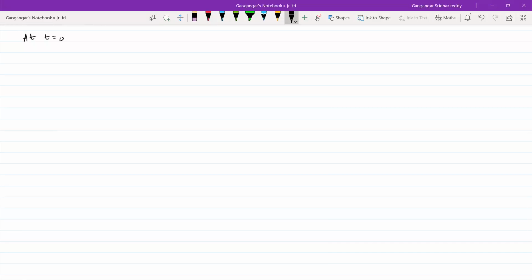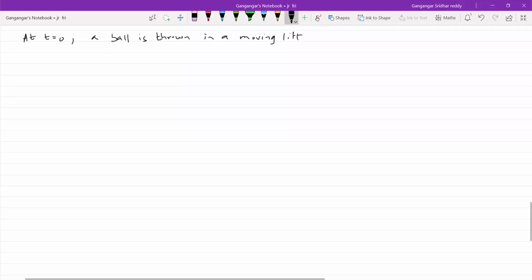At t equals 0, a ball is thrown in a moving lift as shown.